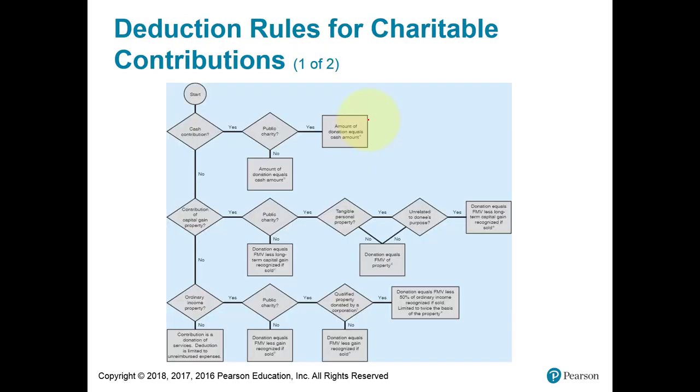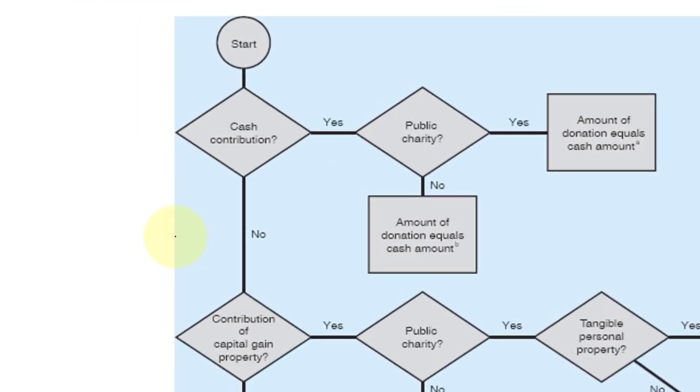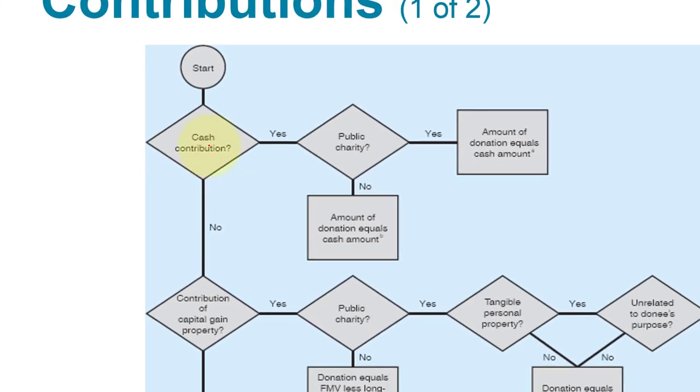This chart is very detailed, but I think rather good in terms of determining the limitations that you can deduct in any one year. Keeping in mind there's percent limitations that are really listed on the next slide. So let's zoom in here. So the first question they're asking is whether the contribution was a cash, yes, or non-cash, no. So the easy one would be cash.